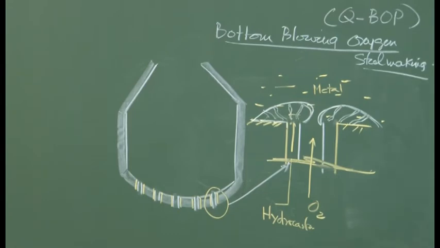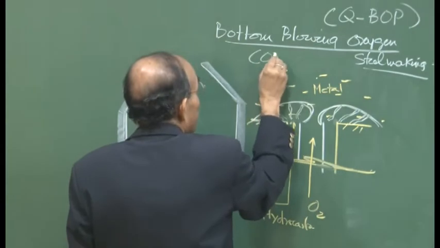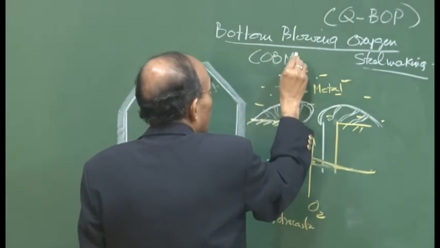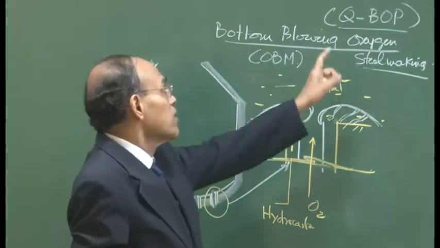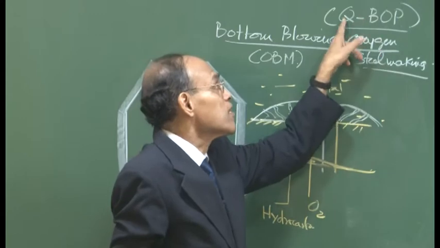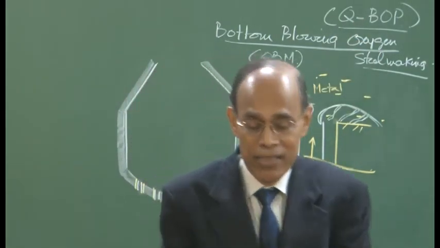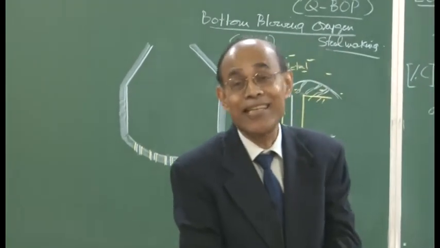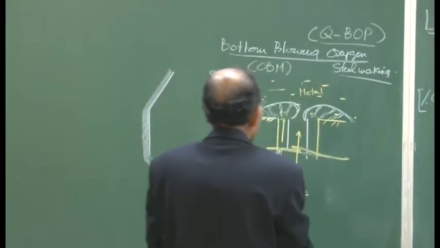So, they are one and the same thing, and the bottom blowing process in Europe is known as OBM, oxygen bottom blowing Maxhütte. On the other hand, in the US or North America, it is known as QBOP, quiet basic oxygen process, and Q stands for quiet, because the injection of oxygen from the bottom really does not produce too much external noise, and hence this.